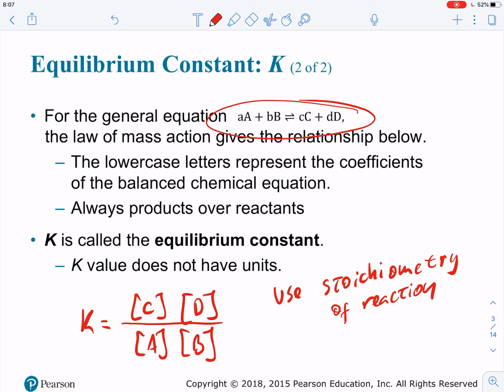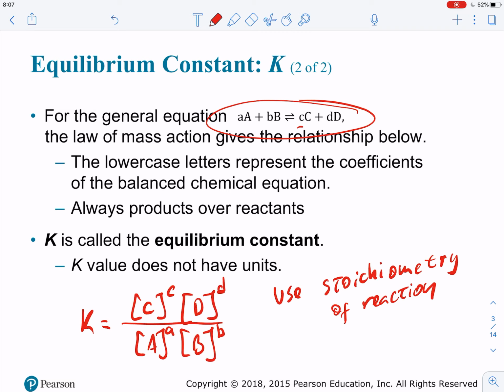Each one of these concentrations, we are going to raise to the power of that coefficient. So C, you raise to the power of c, D to the power of d, A to the power of a, and B to the power of b. That's where that equilibrium constant comes from.